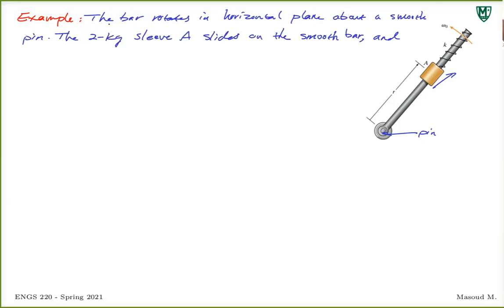Assume that the slider is so heavy that the mass of the bar doesn't really change the whole story that much. And the mass of the bar is negligible compared to the mass of the sleeve, let's say.